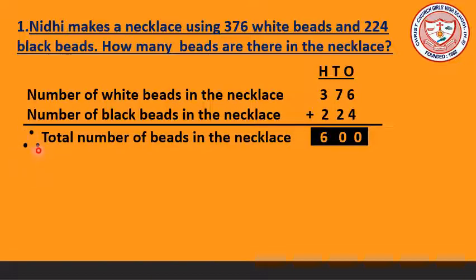And as we are going to perform addition, the third statement will start with total number of beads in the necklace. Clear? And remember, you have to write the sentence, and after that you have to write the value or the numbers. Okay?